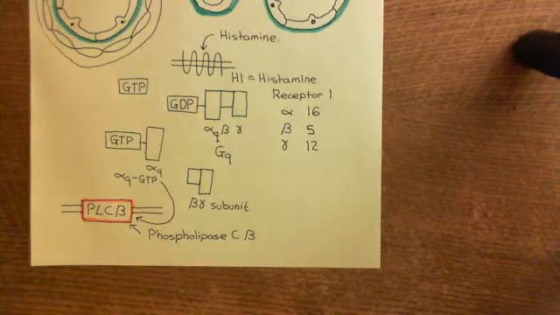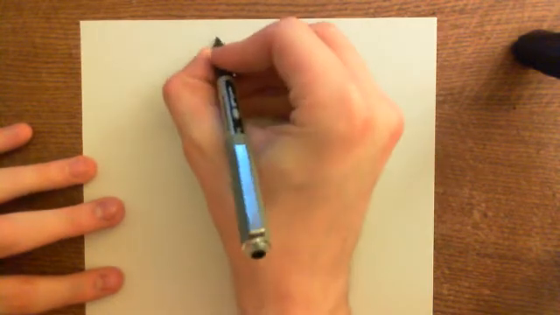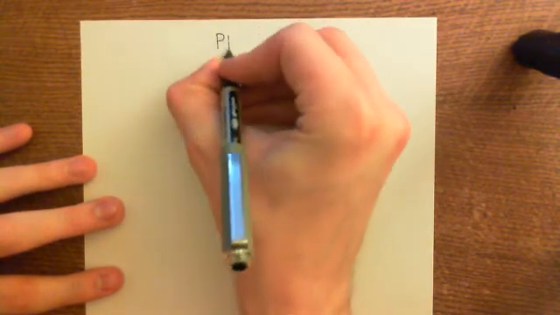Okay, so let's now discuss this. What's it going to act on, and what's it going to break it down into? It's going to act on a molecule known as phosphatidyl inositol 4,5-bisphosphate, or PIP2 for short.